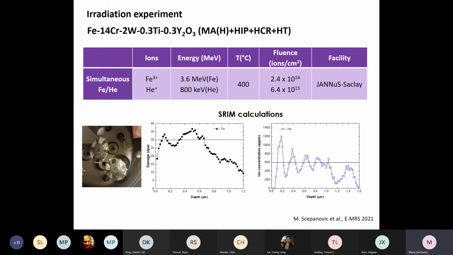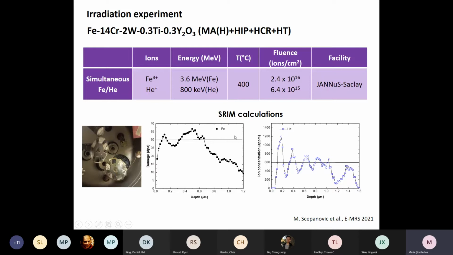What we did was perform an irradiation experiment. So we subjected our sample, in this case it was hot cross-rolled, but the microstructure was as good as the HIP one, to a dual ion beam irradiation experiment in the JANNuS Saclay facility.